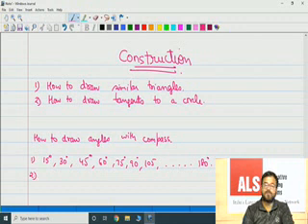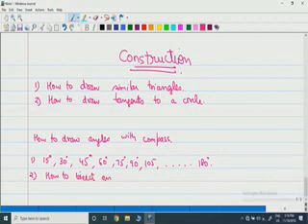Second thing, the requirement is that you should know how to bisect an angle. Third thing, to draw perpendicular bisector of a line.